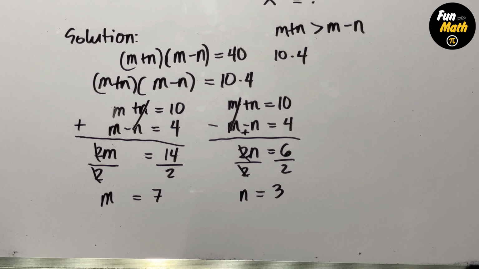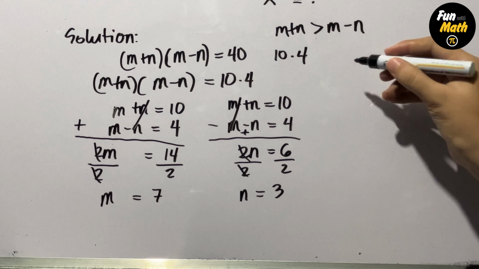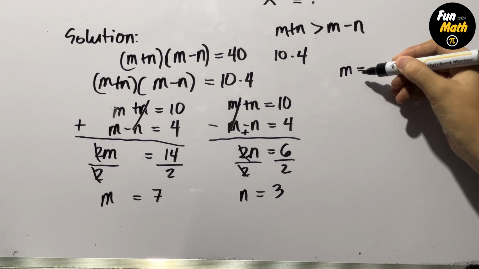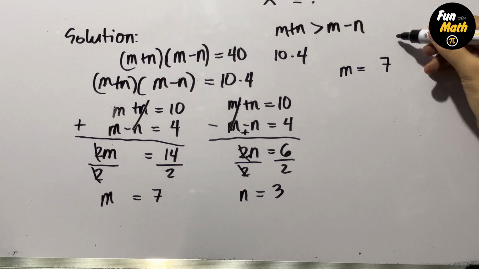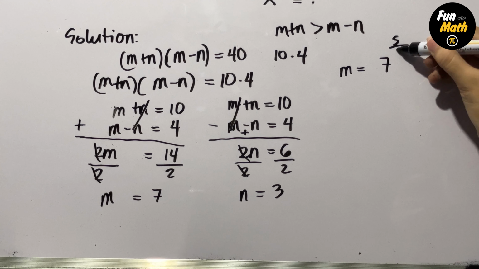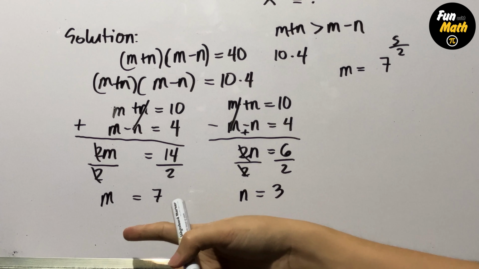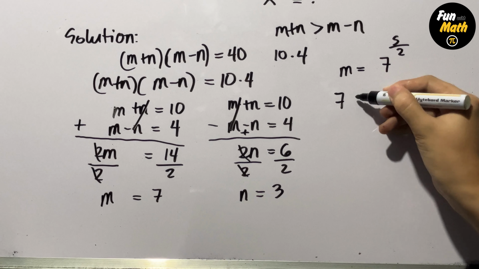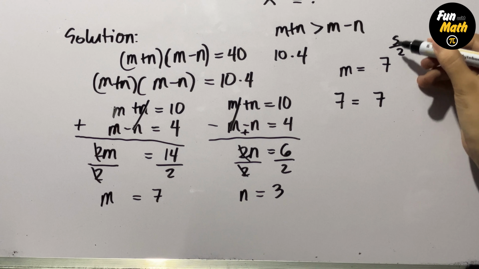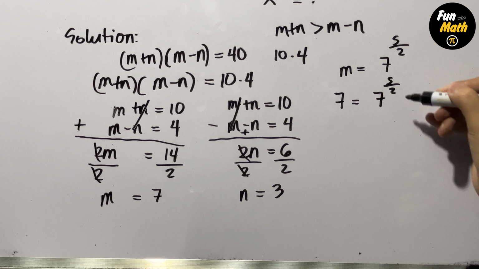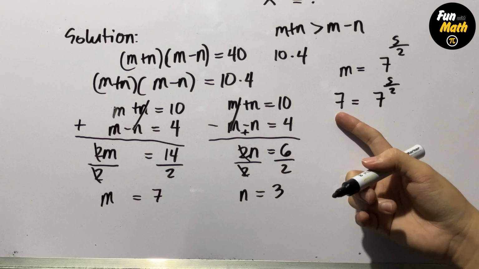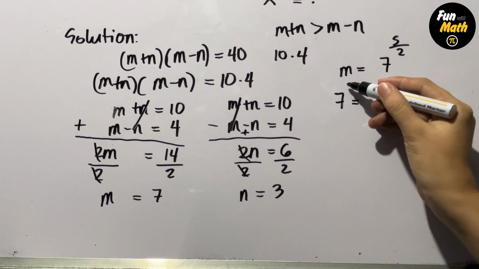Next, let's recall that earlier we let m be equal to 7 to the power of s over 2. So for this m, we have 7. So the case is 7 equals 7 to the power of s over 2. We know that 7 has a constant power of 1.